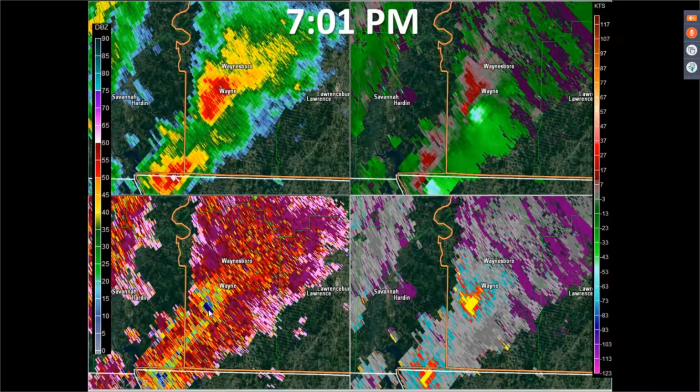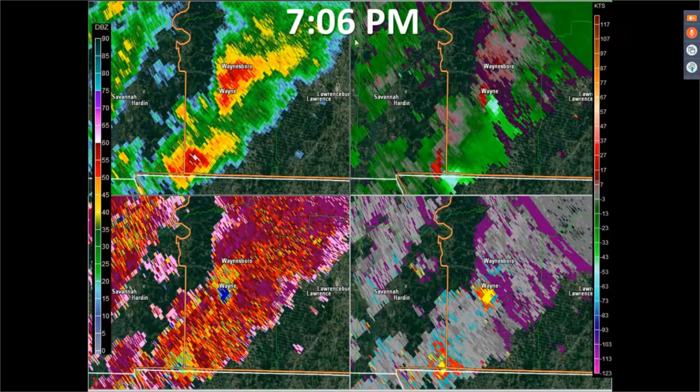So the radar is detecting debris that's been picked up from an apparent tornado that had to have touched down somewhere here in southwest Wayne County. And that debris has been lofted up to the radar beam height. So it's been lofted almost 2 miles up into the atmosphere. So we probably got a pretty strong tornado going on, or has touched down before this radar scan there in southwest Wayne County.